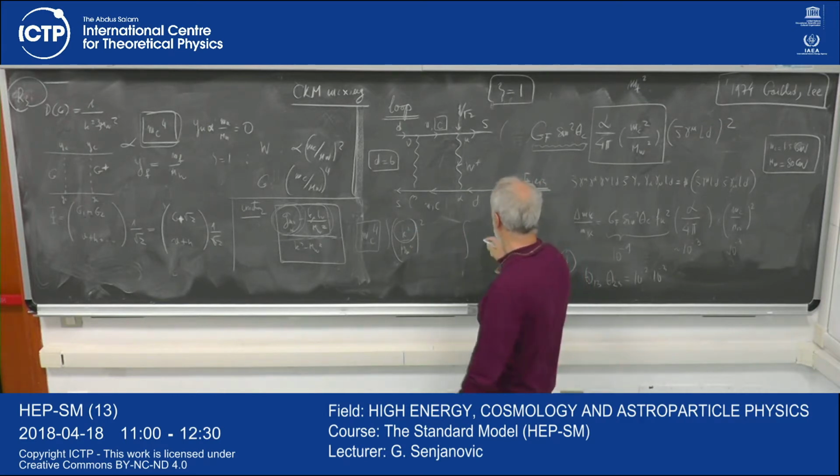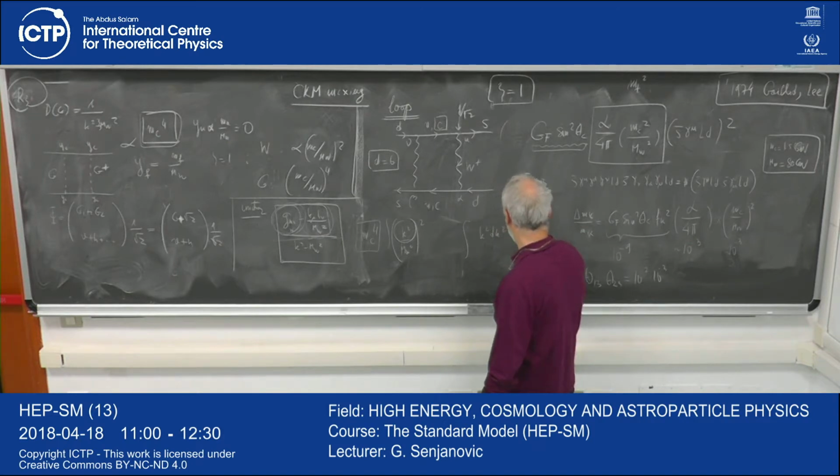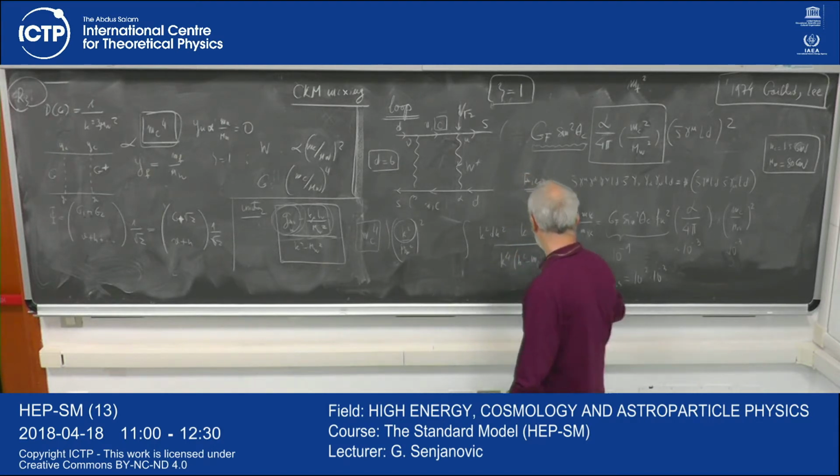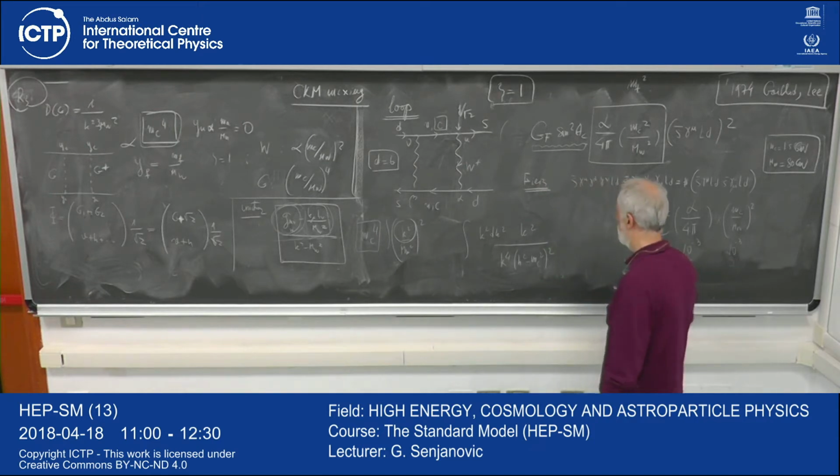In the first piece of the propagator, we had k squared dk squared, then we had k squared, then I will remind you, k to the fourth over (k squared minus m_c squared) squared, (k squared minus m_W squared).